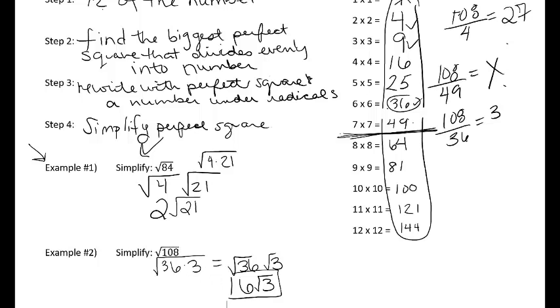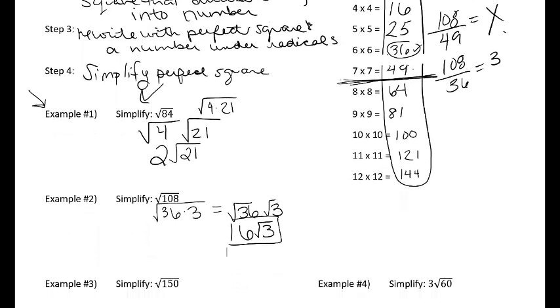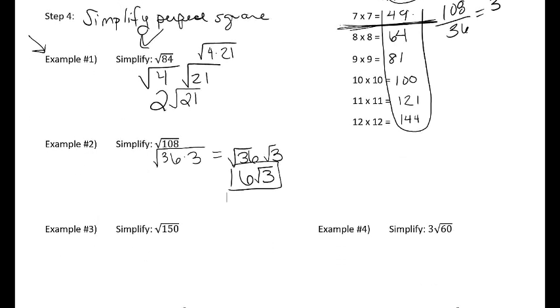I always have my perfect squares listed to help me out. I want to try a couple more, bigger numbers like 150. So I want you to think about, okay, 75. So our cutoff would be maybe around here, and try to work backwards and figure out which number divides evenly into 150.